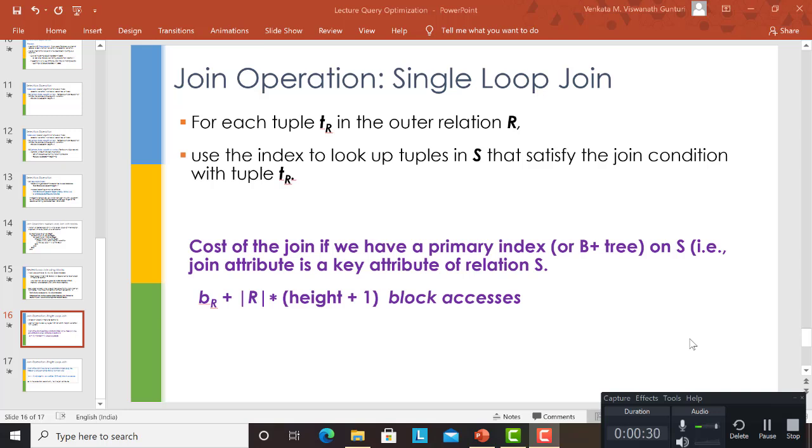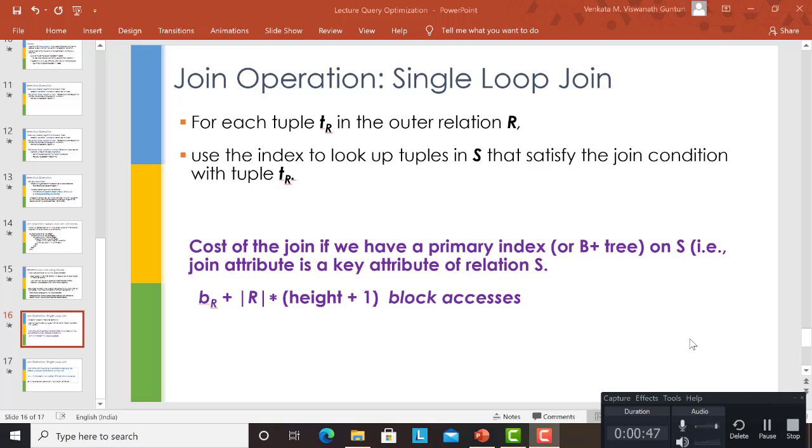So the reason this is called a single loop is that there is only one loop in the whole join algorithm, right? So I think this is just a terminology which the database people started using, and then now they continue to use it, right?